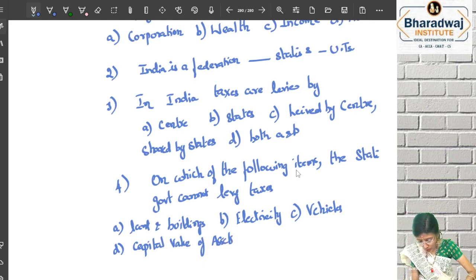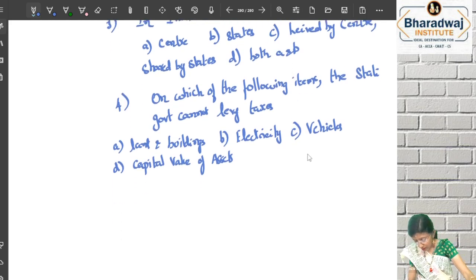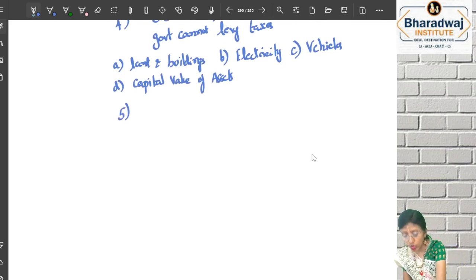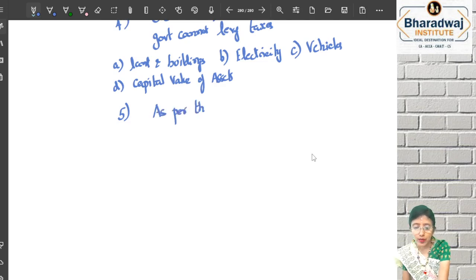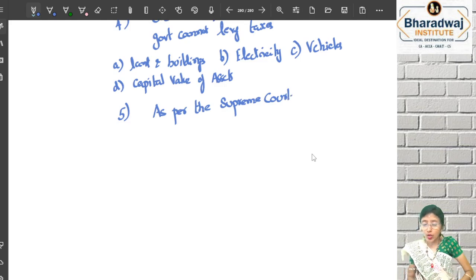And the last question from this, which I'm going to do, is one tricky question which you should know. As per the Supreme Court verdict... Just to tell you, without touching segment 2, you cannot address these questions, because unless you study that, the answer cannot be given.